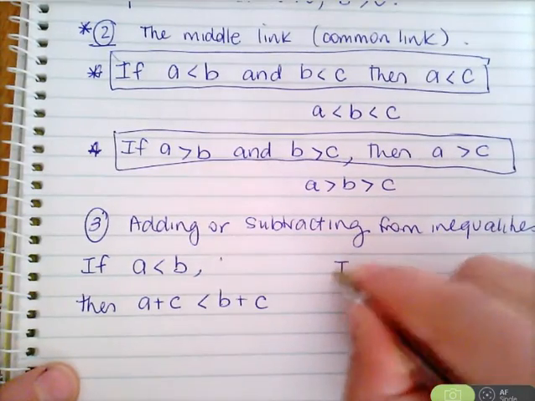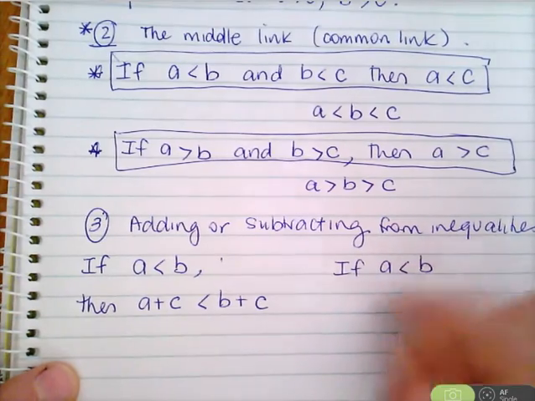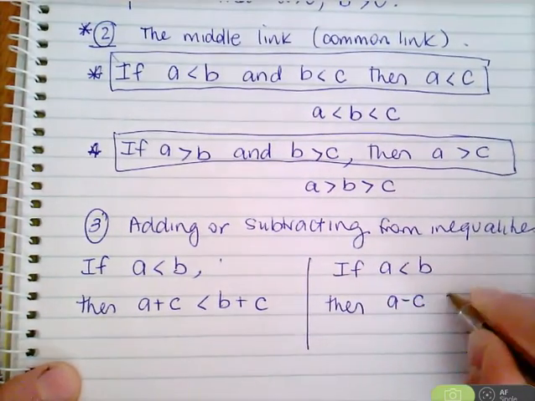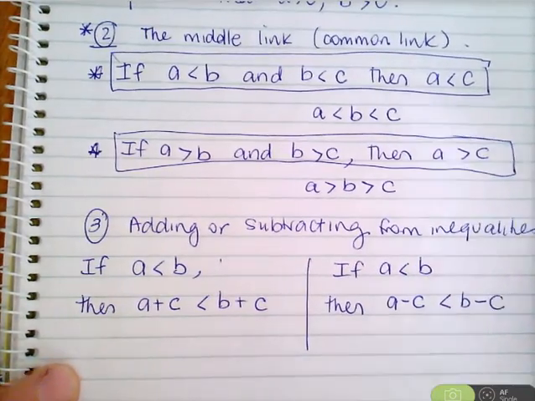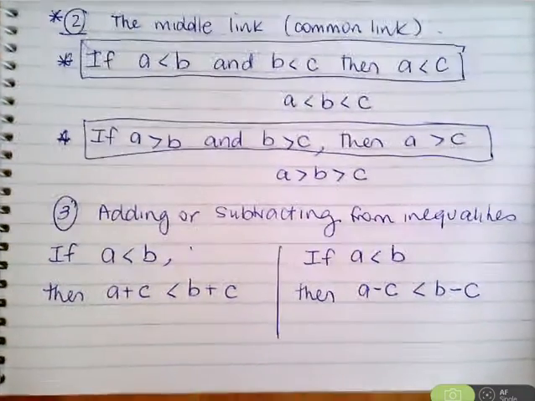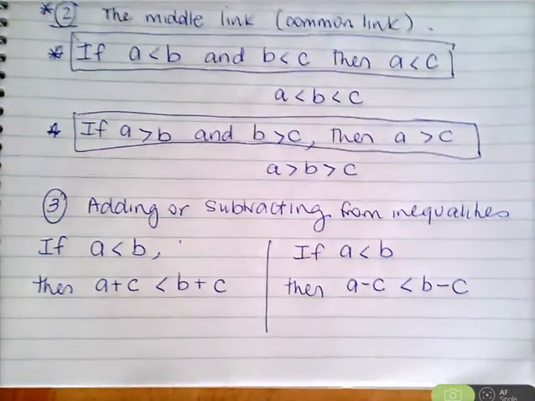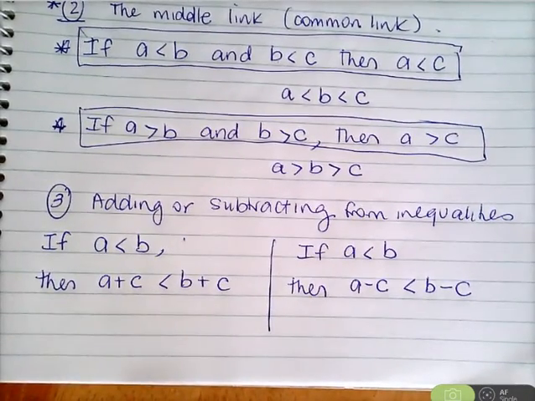Or we can say if A is less than B, then we could say that A minus C is less than B minus C. So you already know that, but we're just formalizing that here, okay? So that's adding and subtracting from inequalities.